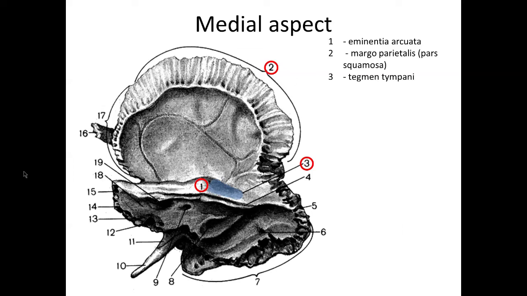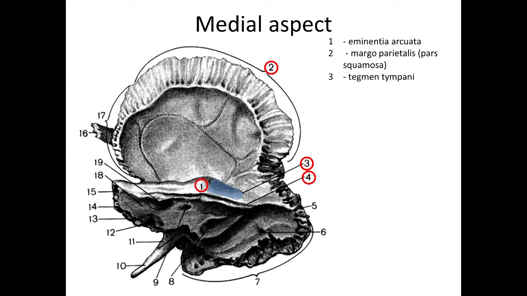And the tympanic cavity is located posteriorly to the number 1. So tegmen tympani is quite a large area of the anterior surface of the pyramids.